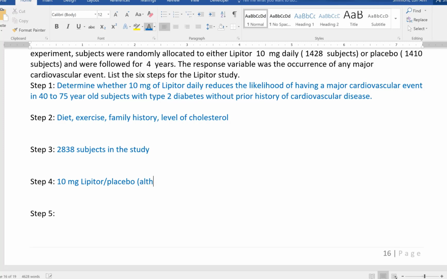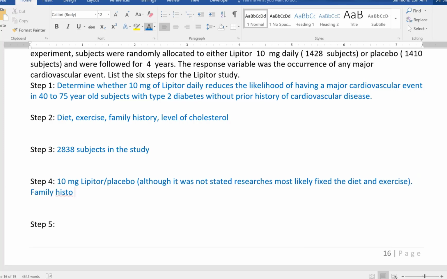So although it was not stated, researchers most likely fixed the diet and exercise. Family history. So we just addressed the first two in step 2, diet and exercise.